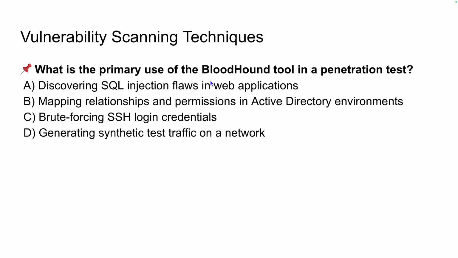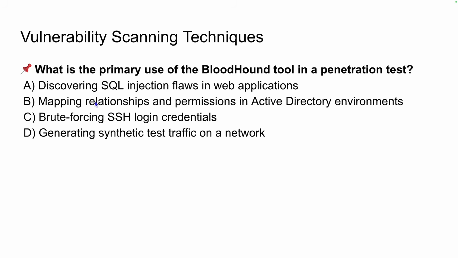What is the primary use of BloodHound in a penetration test? So it finds you a path to escalate privileges, right? Think of a bloodhound following tracks to finally get you that target. Discovering SQL injection flaws in web applications is not the answer. Mapping relationships and permissions in Active Directory environments, that's pretty solid.